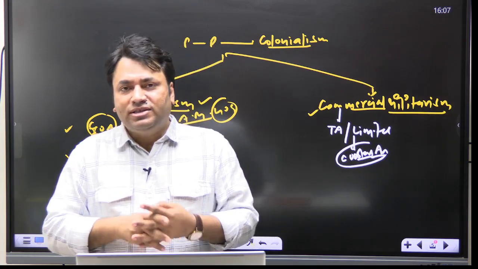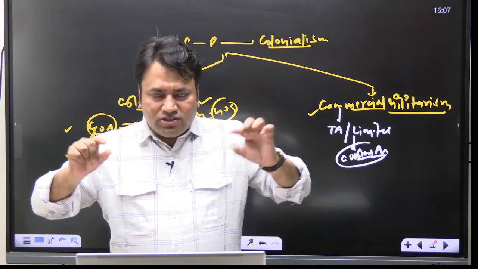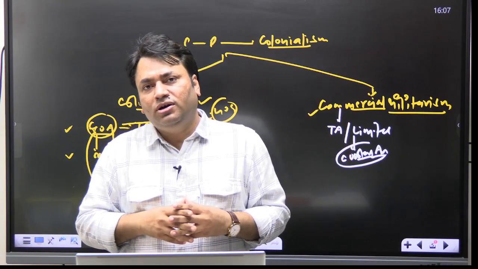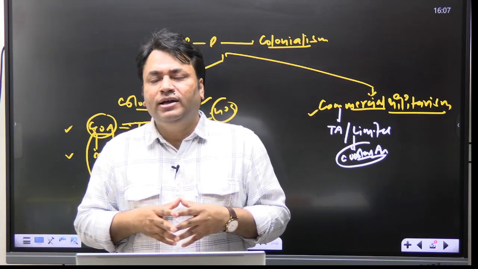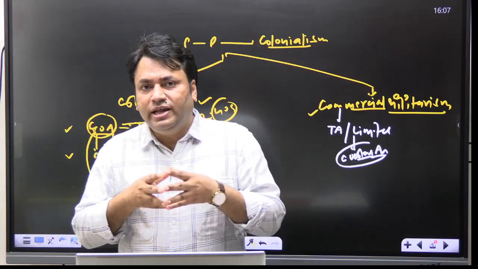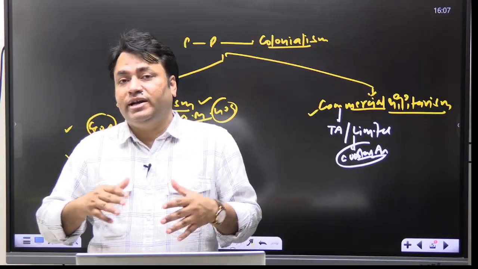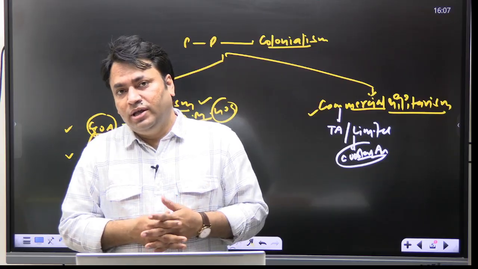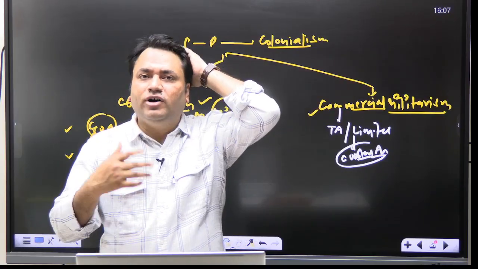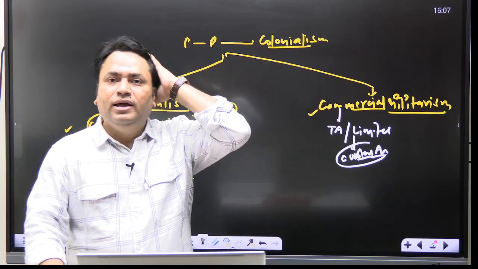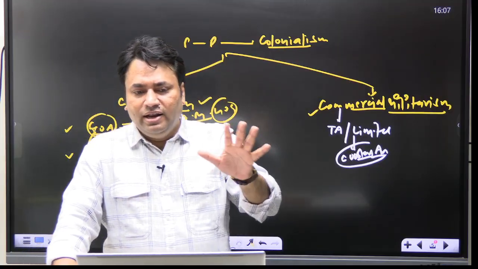And the Portuguese had an overstretched network all around the world. It means that this overstretched network was beyond their capability to rule. They were present in some parts of Africa, some parts of Brazil. They were also having this Indian network.